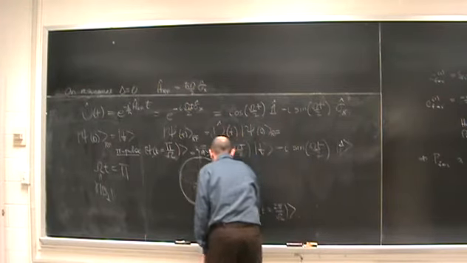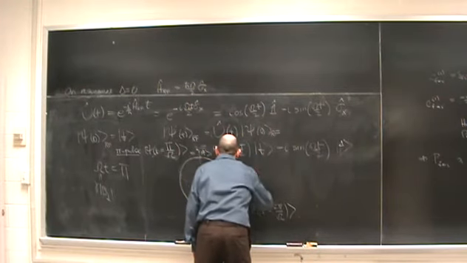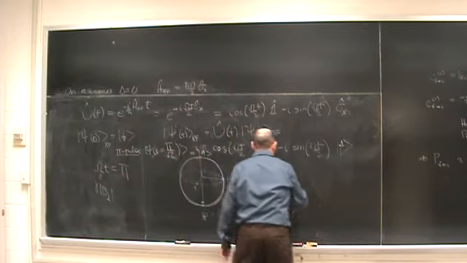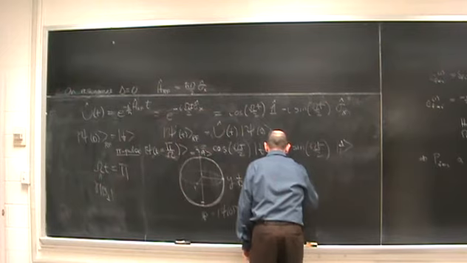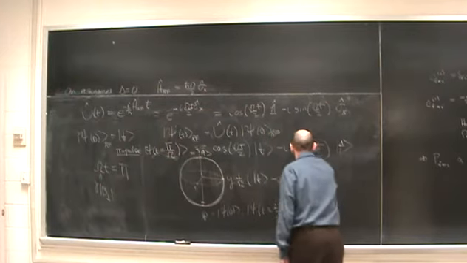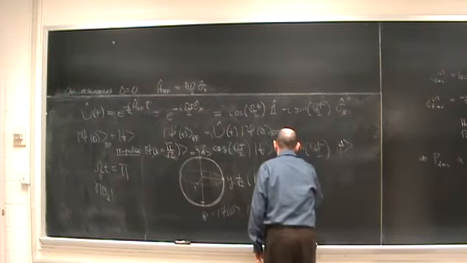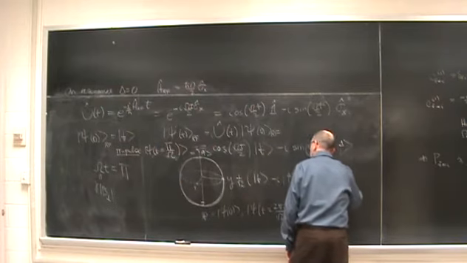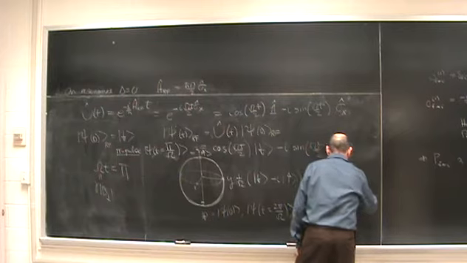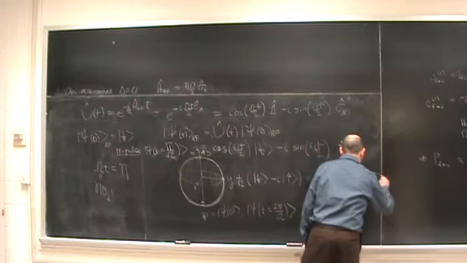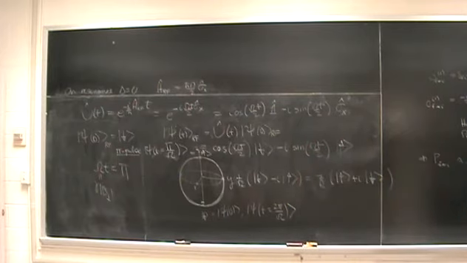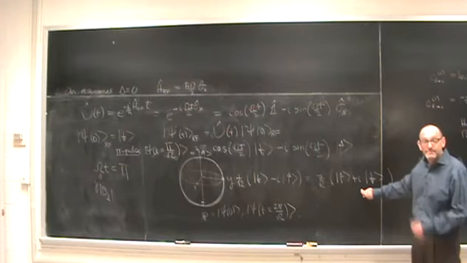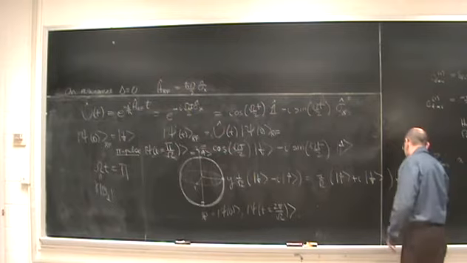So when I'm at pi over 2, it's 1 over root 2 down minus i up. Of course, up to an overall phase that I really don't care about, that's up plus i down. Right? And that state is what? Up along y.